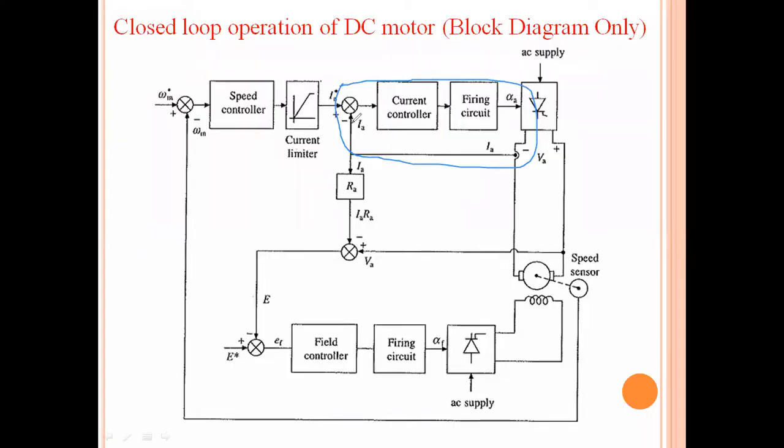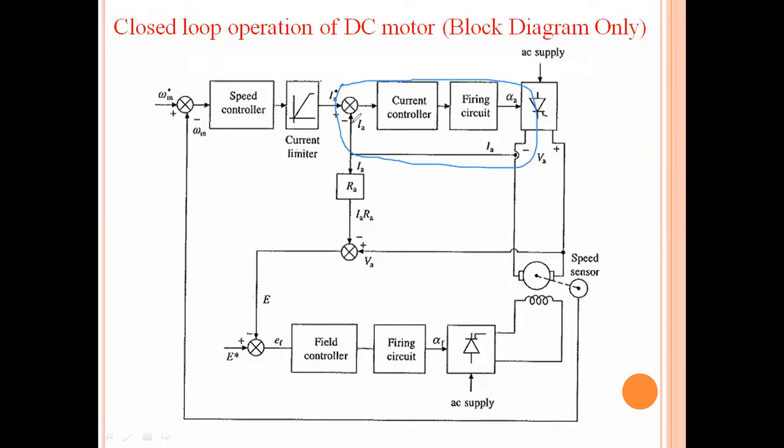So the purpose of the current loop is to cope up with a sudden change in the torque demand. Means if the load torque is suddenly changed, then the torque command will be changed, if there is a sudden change in the torque demand under any circumstances or any condition, like starting condition or braking condition or speed reversing condition, etc. Consider a locomotive.